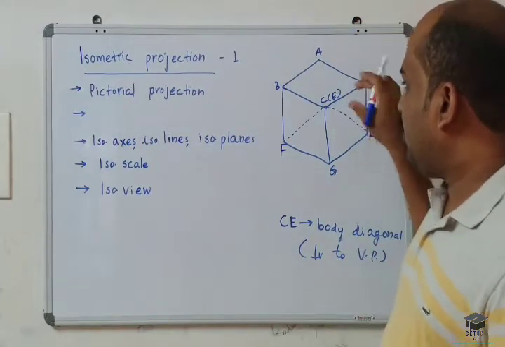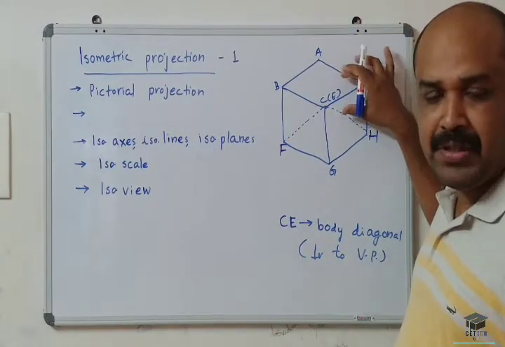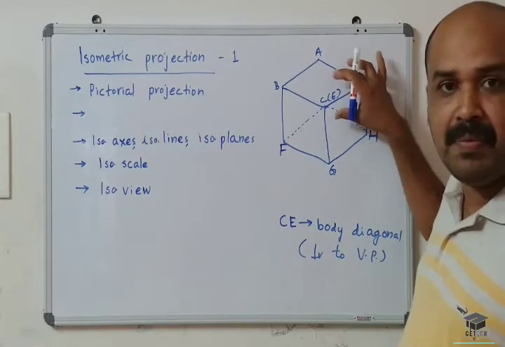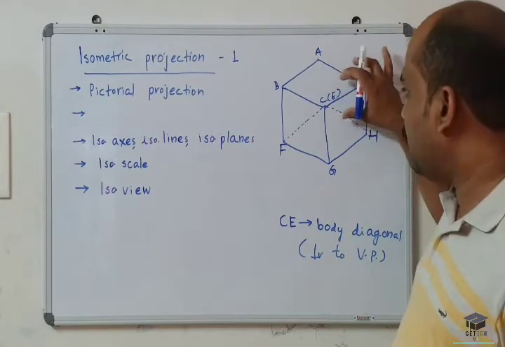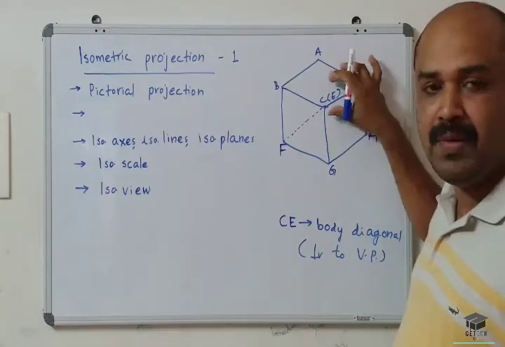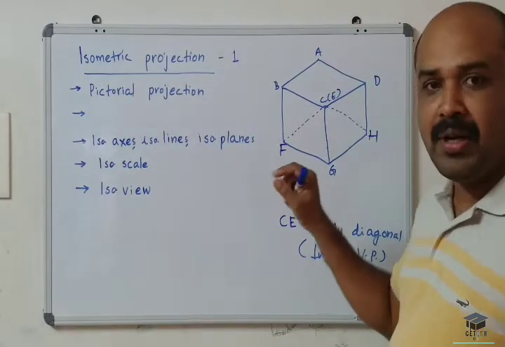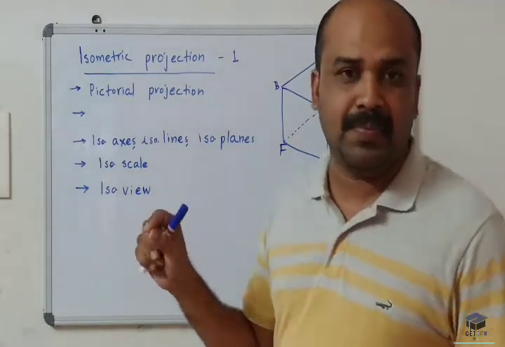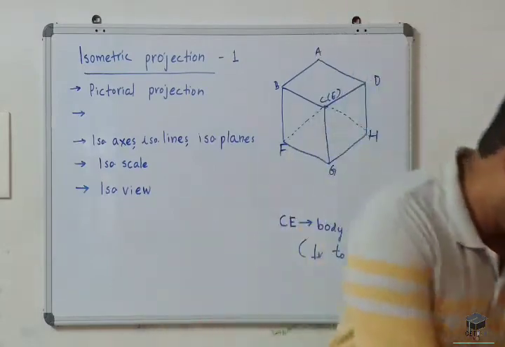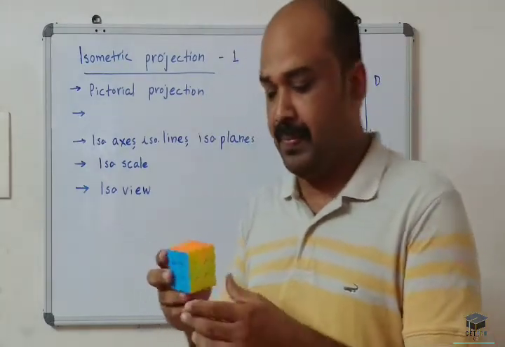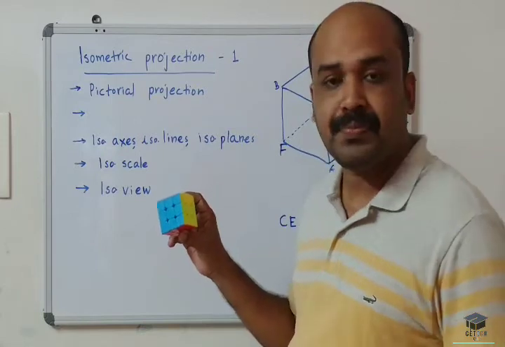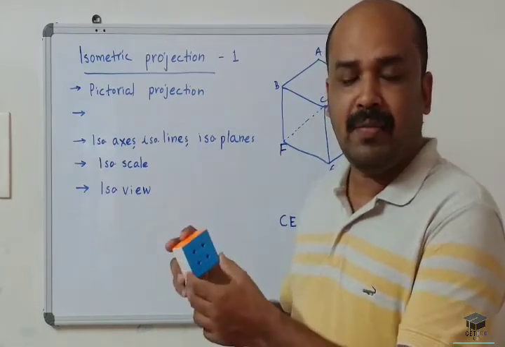Now you may be familiar with this figure. We already solved this question in projection of solids. It's a cube with one body diagonal perpendicular to VP. What is a body diagonal?